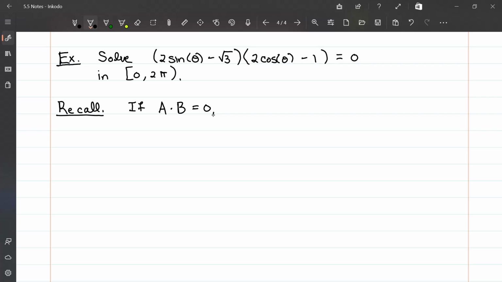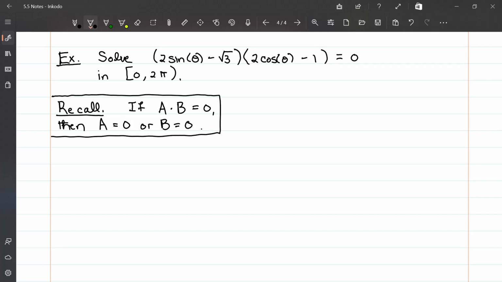Then automatically, we know something about either a or b, or possibly both. Either a is 0, or b is 0. I'm not excluding the possibility that both happen here.